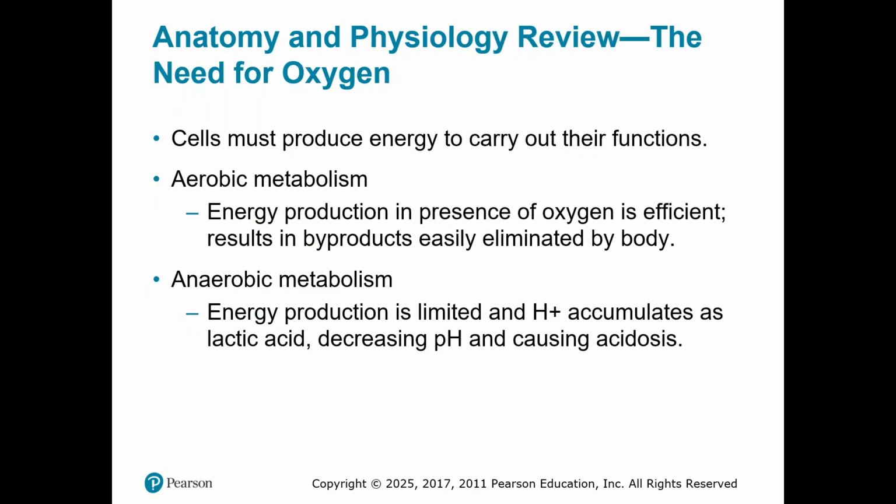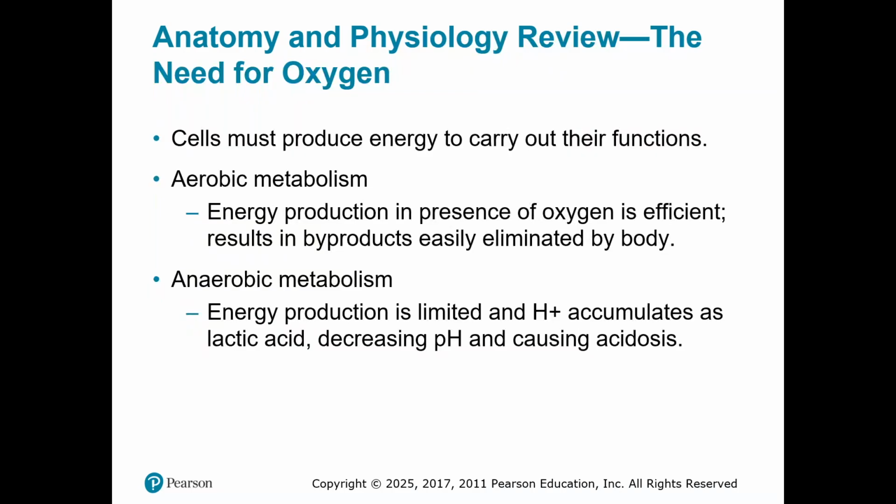Remember what we get with aerobic, right? We're going to get heat, we're going to get water, and we're going to get a lot of ATP. And with anaerobic, we're not going to get that. We're not going to get a lot of heat. We're not going to get the water that we need. And we're going to get very little energy.